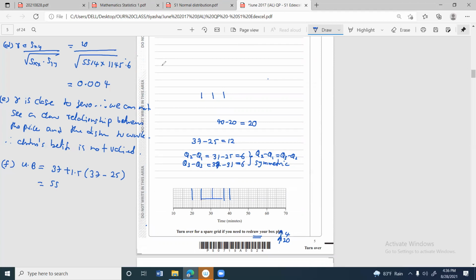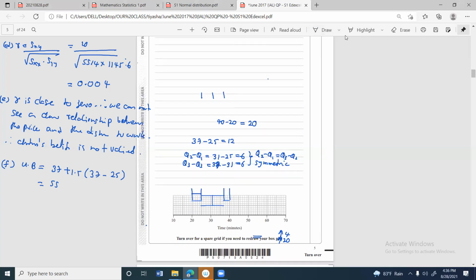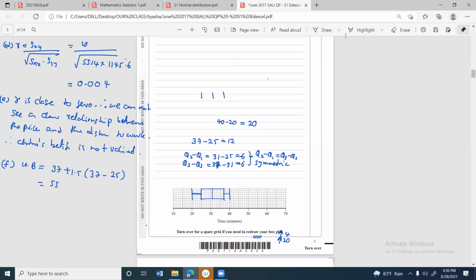Then it comes out like this. You can draw the box plot in this way. Without the annotation, we have to do it here, here, here, and you can just draw like this.